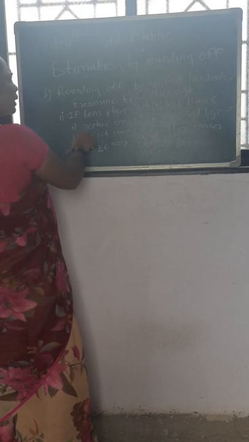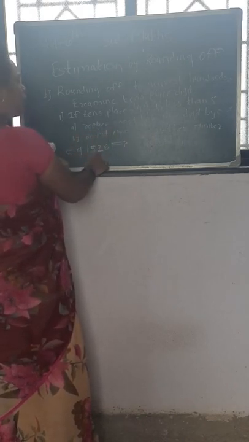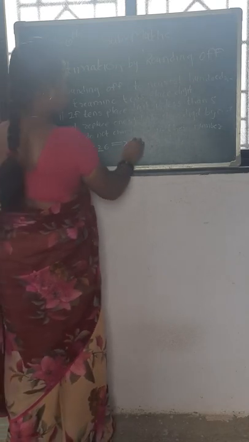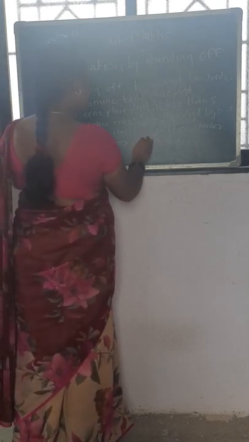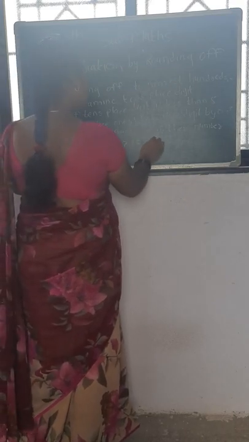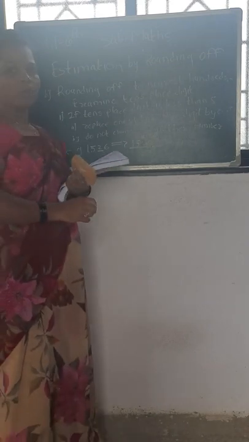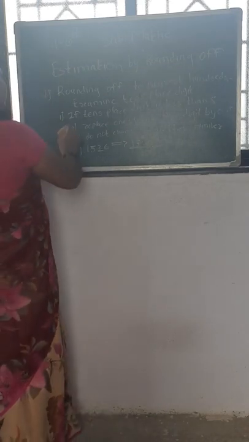Rule first says replace the ones place and tens place by 0 and the remaining digits stay the same. Then we get 1500. So rounding to the nearest hundreds is 1500.